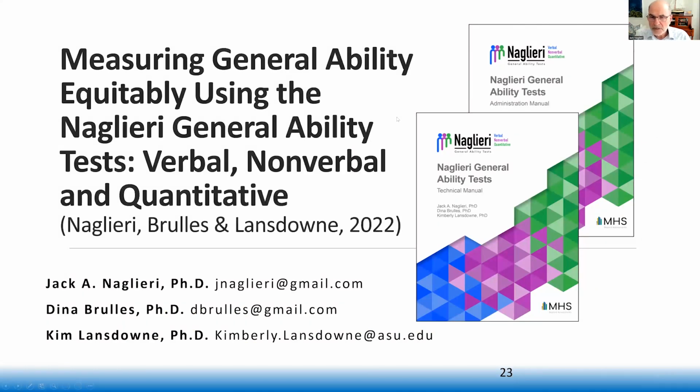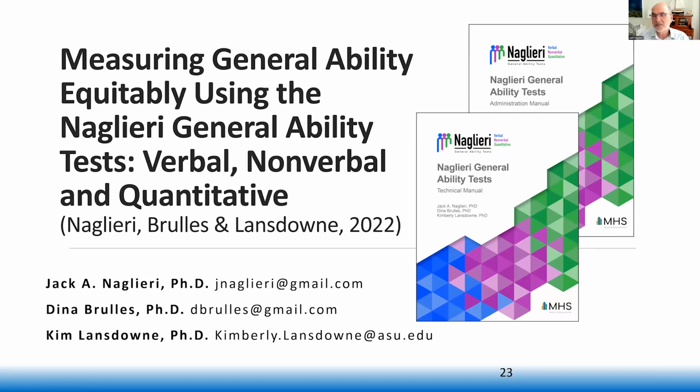Now, that brings us to the test that Kim and Dina and I created to measure general ability equitably using verbal, nonverbal, and quantitative test content. I said that very carefully.